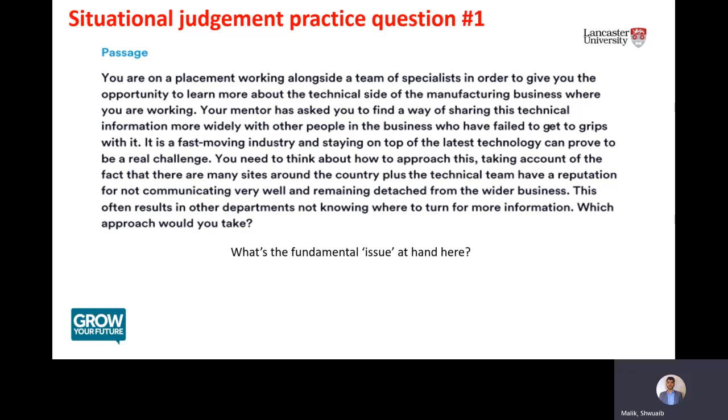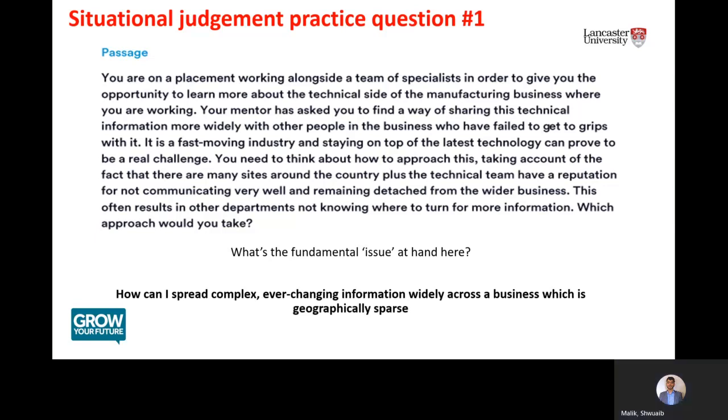In this particular question, I'm not going to read through the entire passage, but I want you to do that before you go any further. The issue is: how can I spread complex, ever-changing information widely across a business which is geographically sparse? Just a bit of context: you're on a placement, and you need to find a way to spread technical information widely across a business which is located in different parts of the country.